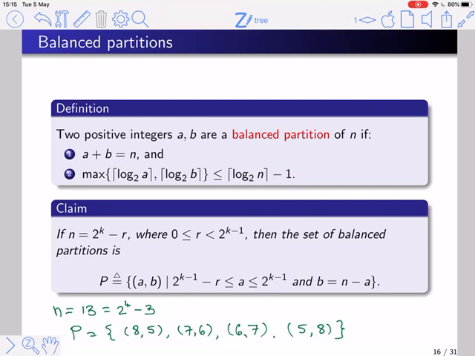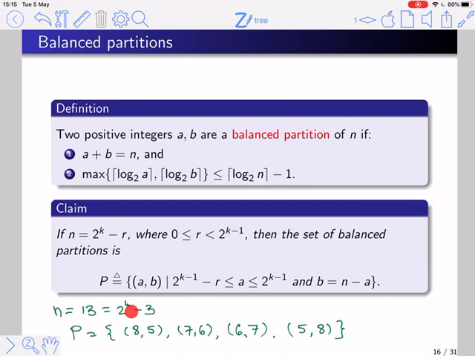Let's see an example. If n equals, say, 13, 13 is 2 to the 4 minus 3. That's 16 minus 3. That's 13. And I want to write the set of all balanced partitions a, b of 13. So the first pair in this set is 8 and 5. So I notice that a equals 8 and b equals 5.